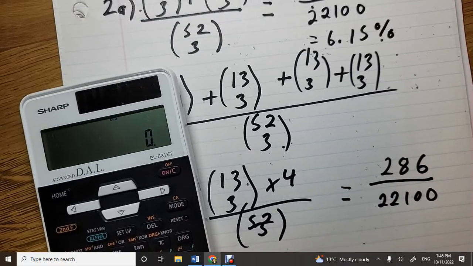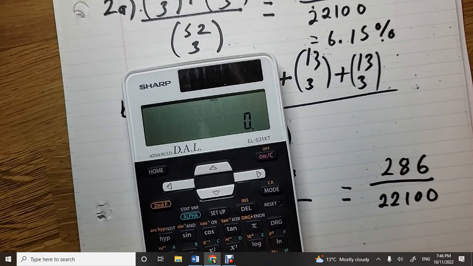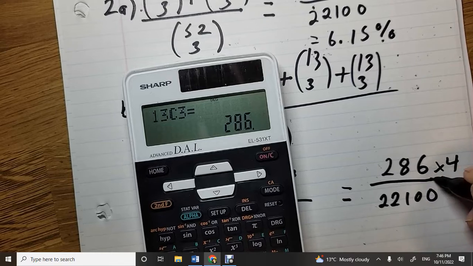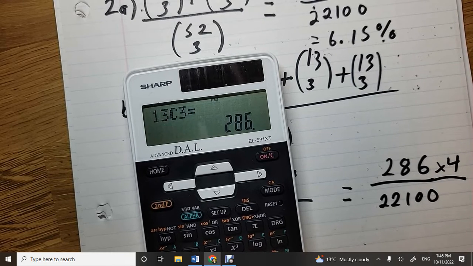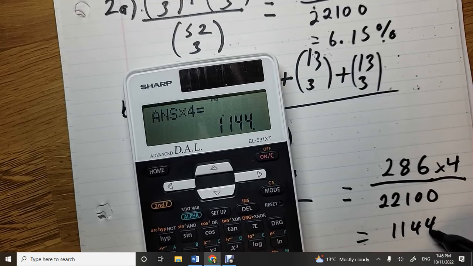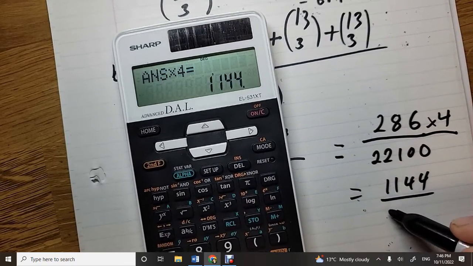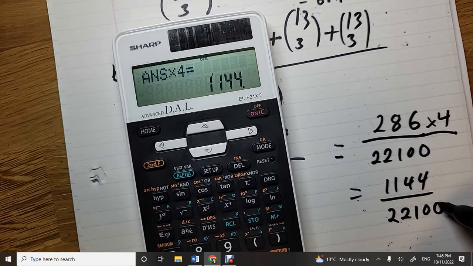Let's try that again. 13 choose 3 is 286, and I have to multiply that by 4. And now I get 1144 over 22100.